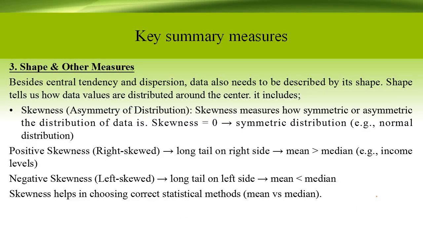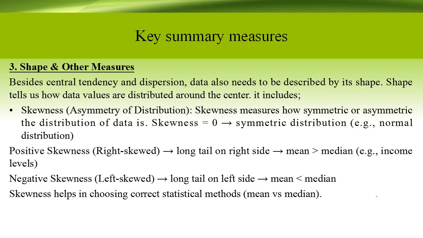3. Shape and other measures. Besides central tendency and dispersion, data also needs to be described by its shape. Shape tells us how data values are distributed around the center. Skewness, asymmetry of distribution. Skewness measures how symmetric or asymmetric the distribution of data is.